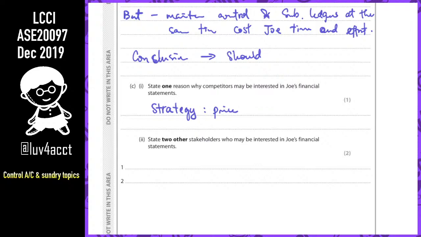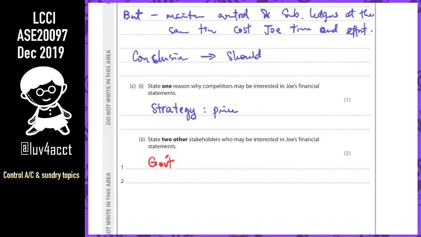State two other stakeholders who may be interested in Joe's financial statement. Usually when we are free to give different stakeholders, I will always give government, because it wants to know the tax payment. Is it correct? Are we paying the correct amount of tax?